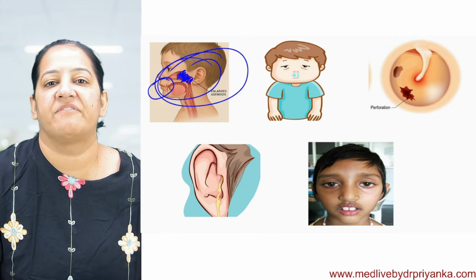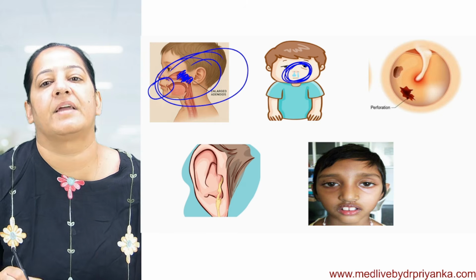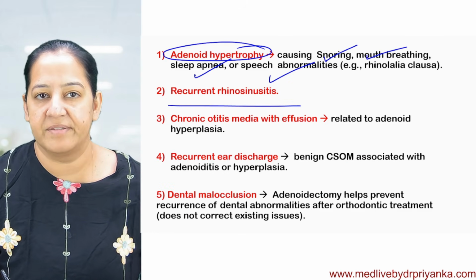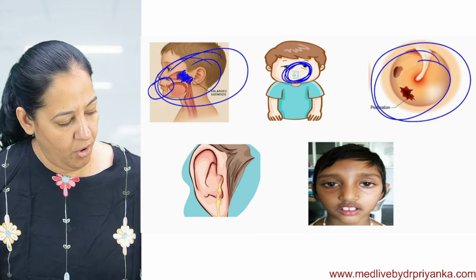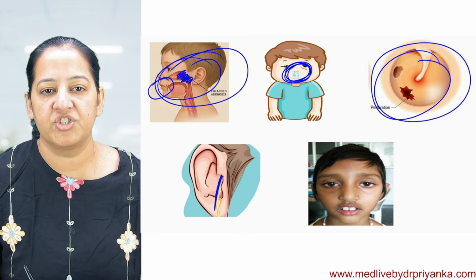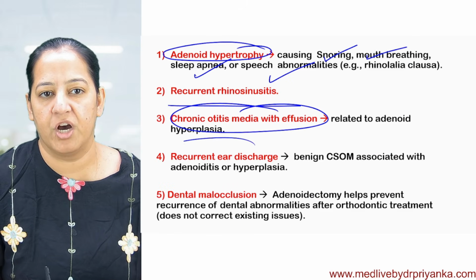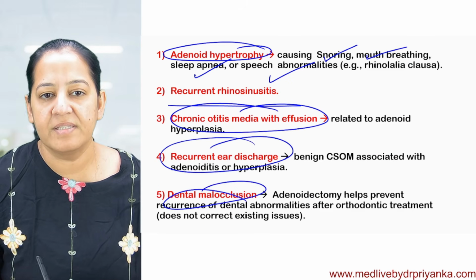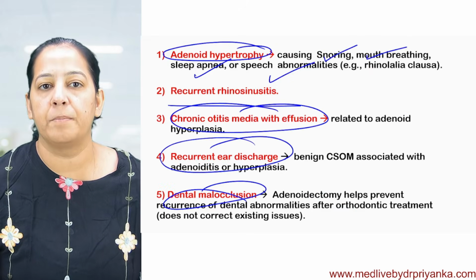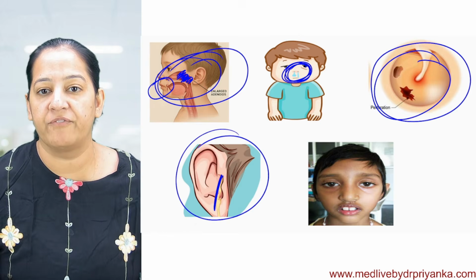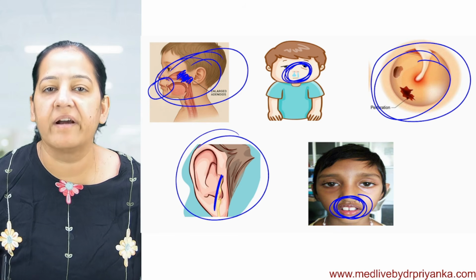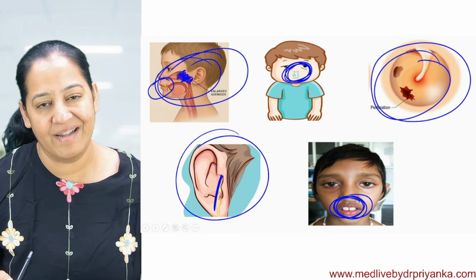Or there is recurrent infection. Because of adenoids, there is recurrent rhinitis, sinusitis, or there is CSOM, persistent ear discharge, or there is dental malocclusion. Because of adenoid hypertrophy, dental crowding occurs.